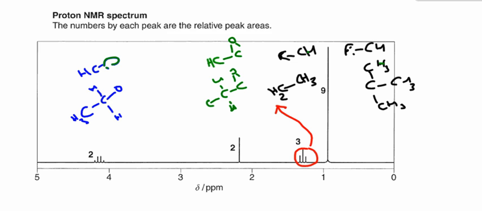So that's a quartet, so it means that I've got 3 adjacent plus the area 2 itself of that particular chemical shift, your CO chemical shift.